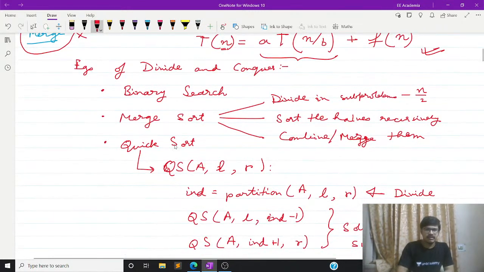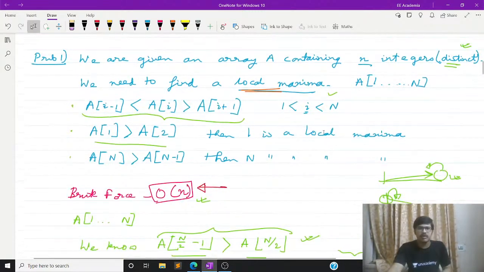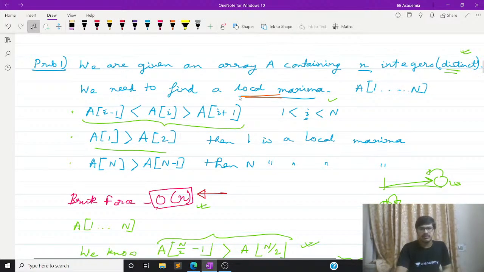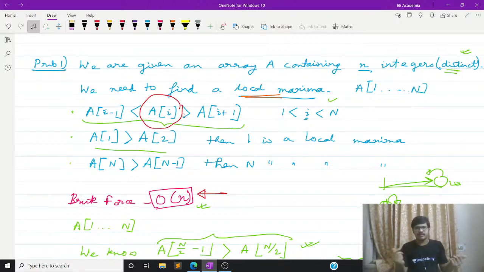So these are the very fundamental divide and conquer problems: binary search, merge sort, quick sort. Then we looked at the problem of finding a local maxima. A local maxima is nothing but an index which is greater than the elements on the left and right side, with some special cases for the first element or the last element.